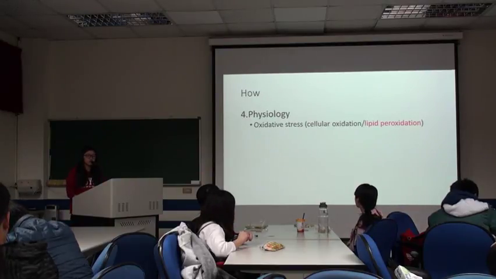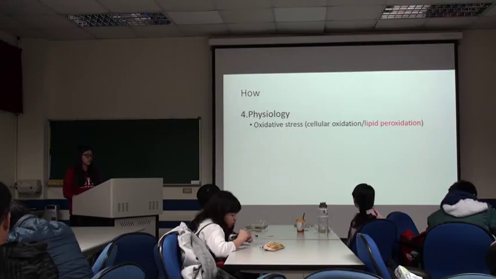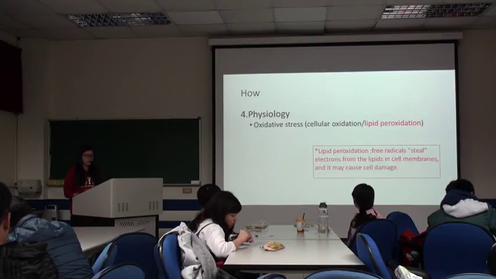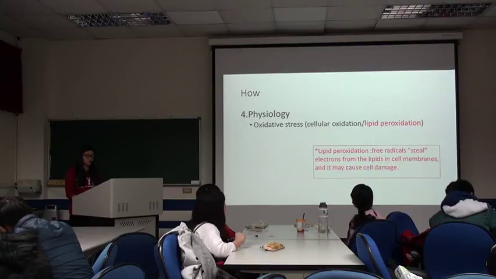The most important is physiology. The author focused on oxidative stress, such as cellular oxidation and lipid peroxidation. Lipid peroxidation means free radicals steal electrons from the lipid in the cell membranes, and it may cause cell damage.